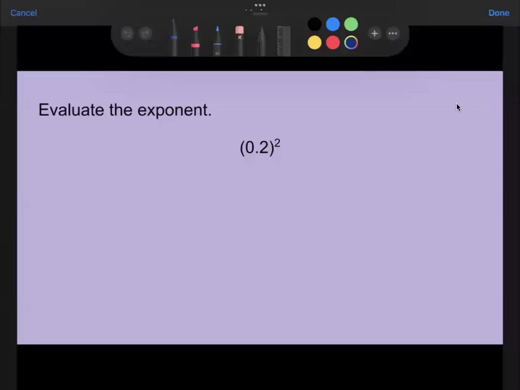Okay, here's my next example. I'm going to evaluate the exponent 0.2 to the second power. So again, that little exponential number tells me how many times I'm multiplying. And 0.2, or the base, is what number I'm multiplying. So I'm going to do 0.2 here and 0.2 here. So using the shortcut, I'm going to do 2 times 2, which is 4. Place a decimal at the end of that multiplication answer.